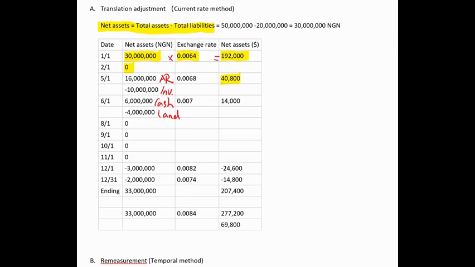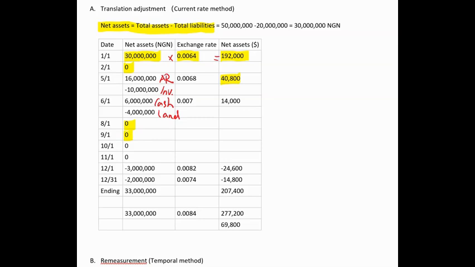Then on August 1st, they collect all accounts receivable. The journal entry is debit cash, credit accounts receivable, the same amount, and the net impact on total assets is 0. September 1st, they signed a long-term note to receive 80 million NGN. The journal entry is debit cash, credit notes payable, and still the net impact on net assets is 0.